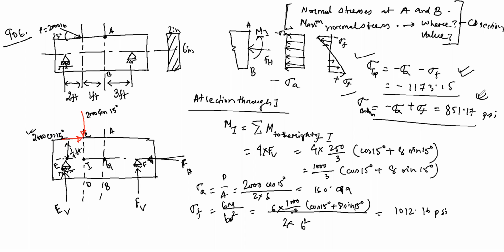So what we have done, we have taken two sections, both sections are already given by the problem statement. So we have found out the moment, then afterwards we have given the axial force and flexural force equation.